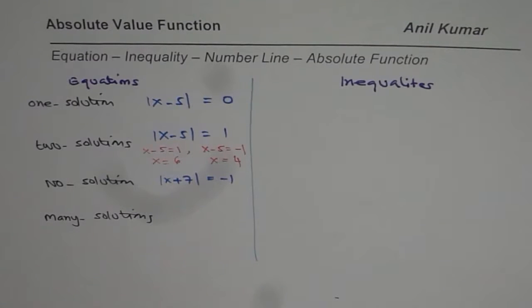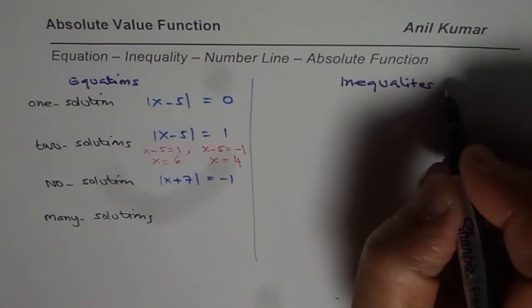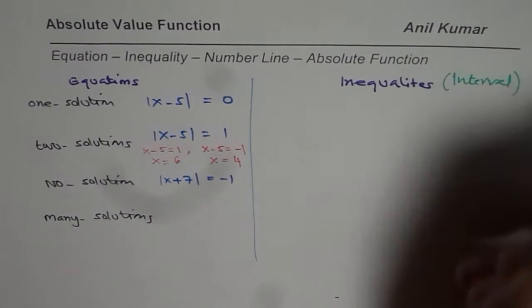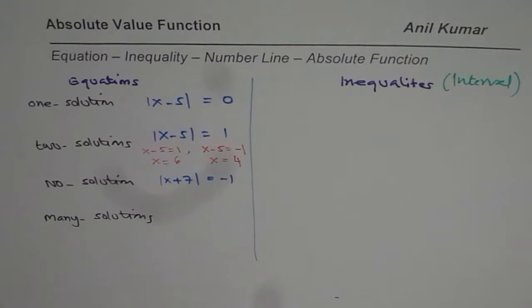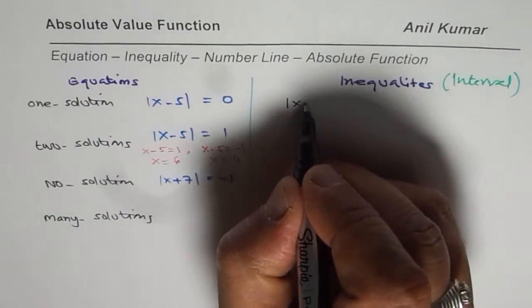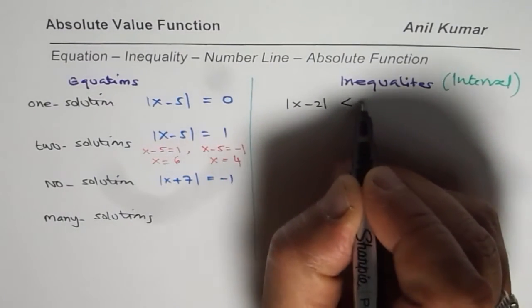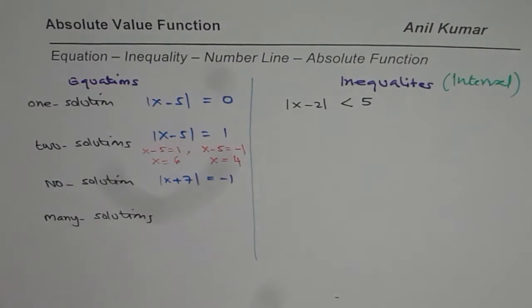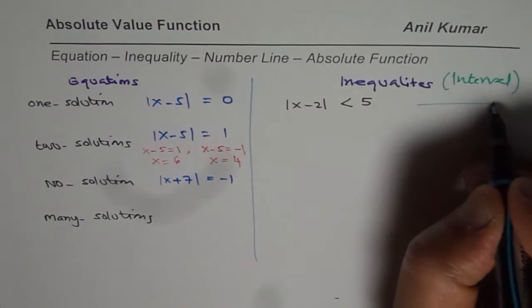Now in case of inequalities, normally we will get an interval as a solution, right? There will be an interval which will indicate a solution. And if you have an equation of the form, let us say, absolute x minus 2 is less than 5, that means we are looking for all the values within an interval.